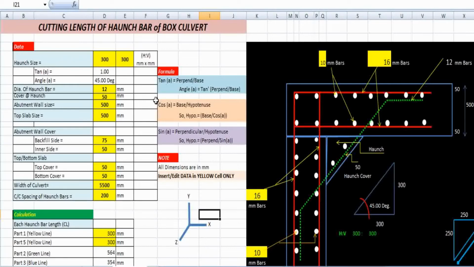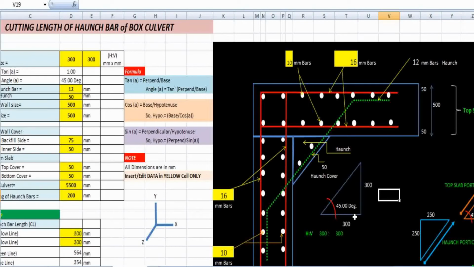Okay, so let's see some of the formulas. Here the formula we require is tan theta. Tan theta means tan A. Here I have mentioned A is the angle. So tan theta equals perpendicular by base. Okay, you can see this is a prototype of a haunch whose dimension having 300 by 300. 300 is the horizontal, and 300 is the vertical.